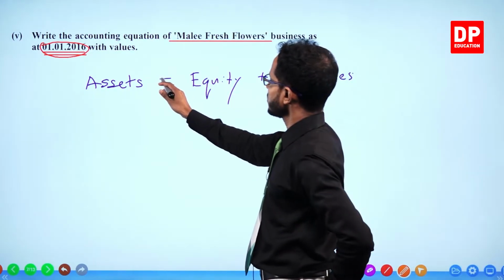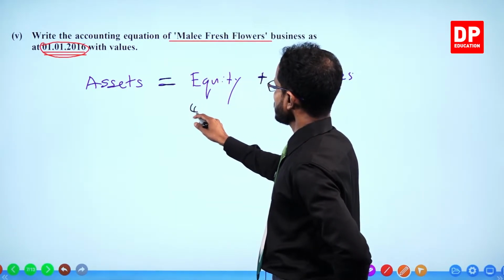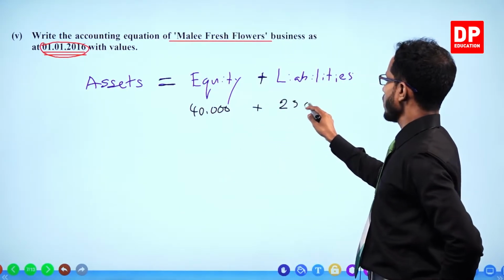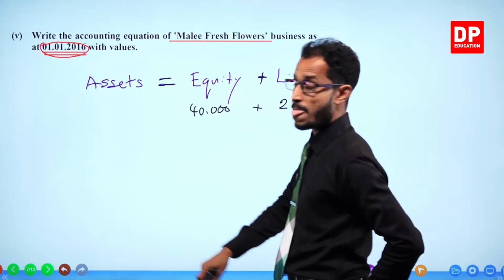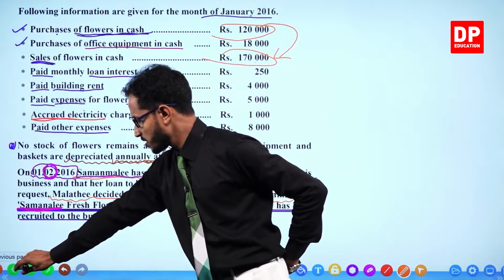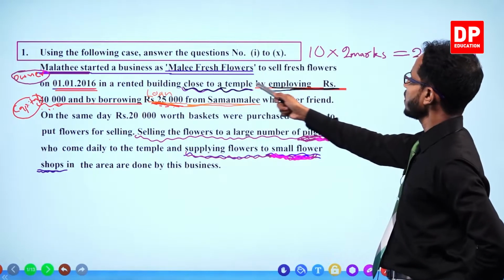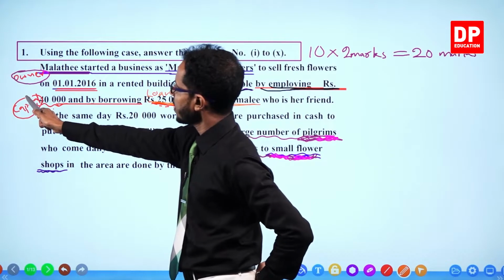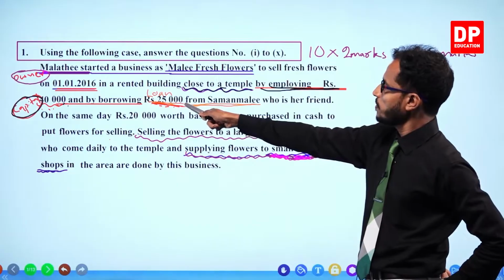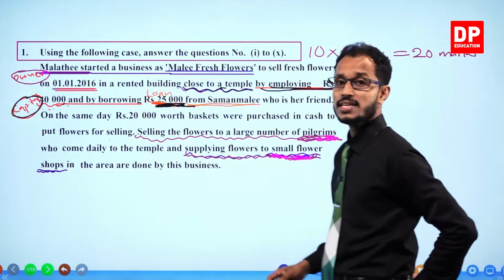Now let's take the figures into the equation. Equity is 40,000 plus liabilities 25,000. Where did we get these figures from? We got the figures from here. 40,000 as capital, and taking a loan of 25,000 from Samanali, that is the liability.